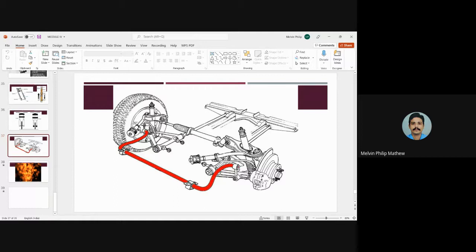This is the steering column, and this is our suspension part, where the wheel hub is connected to the double wishbone suspension here. The anti-roll bar is connected to this wishbone, to the lower arm of the wishbone. You can see it is connected to the lower arm of this wishbone.